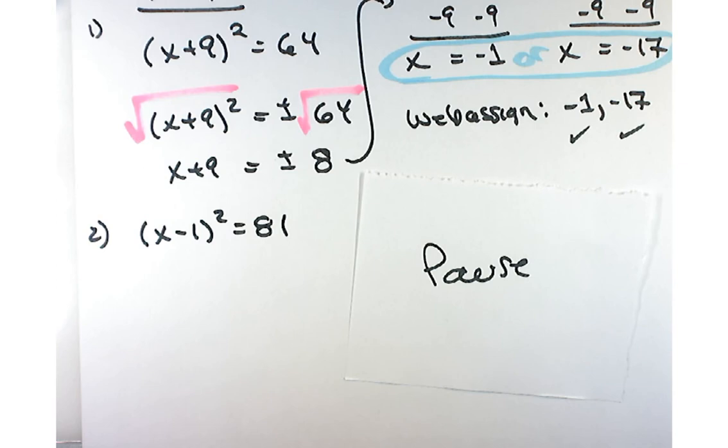So it's minus 1 plus or minus 9. And then you've got to list out both solutions, right? Good. Now write out both possibilities, one and then the other, and then finish solving.